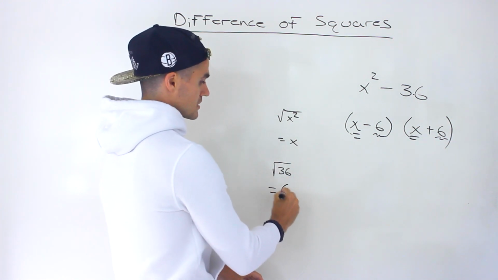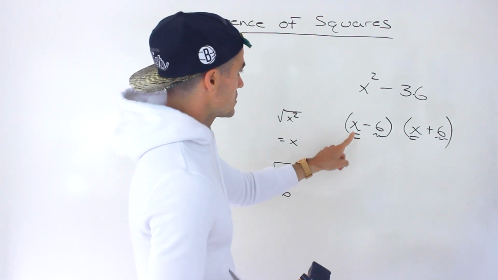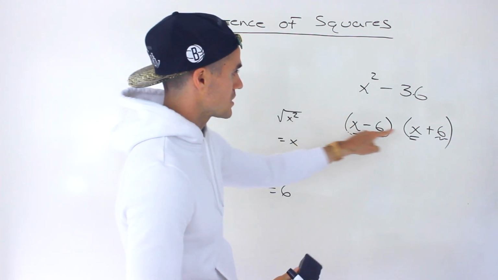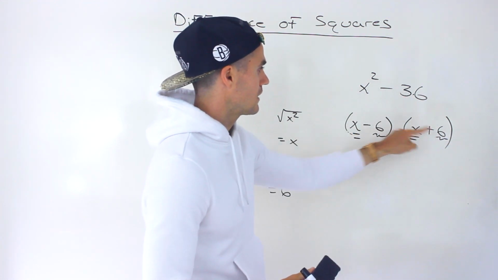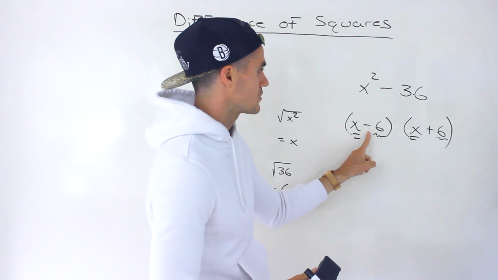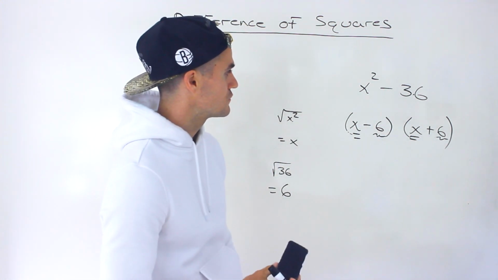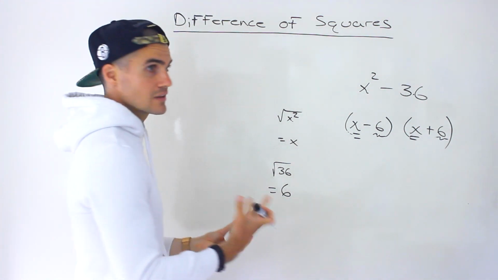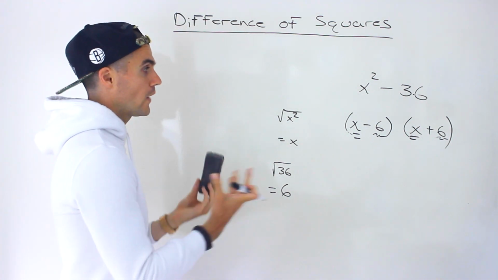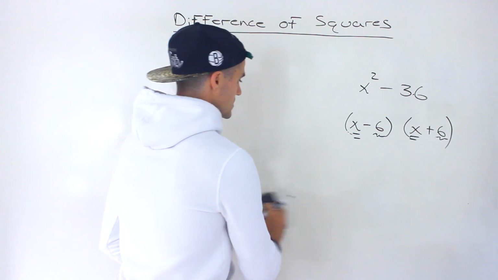Square root of 36 is 6. So the square root of the first term goes here, the square root of the second term goes here, and then we have a negative or a positive. This could also be positive, this could be negative. The order doesn't matter because you're just multiplying these two factors. And so that's the relationship that's going to hold when you're factoring a difference of squares.